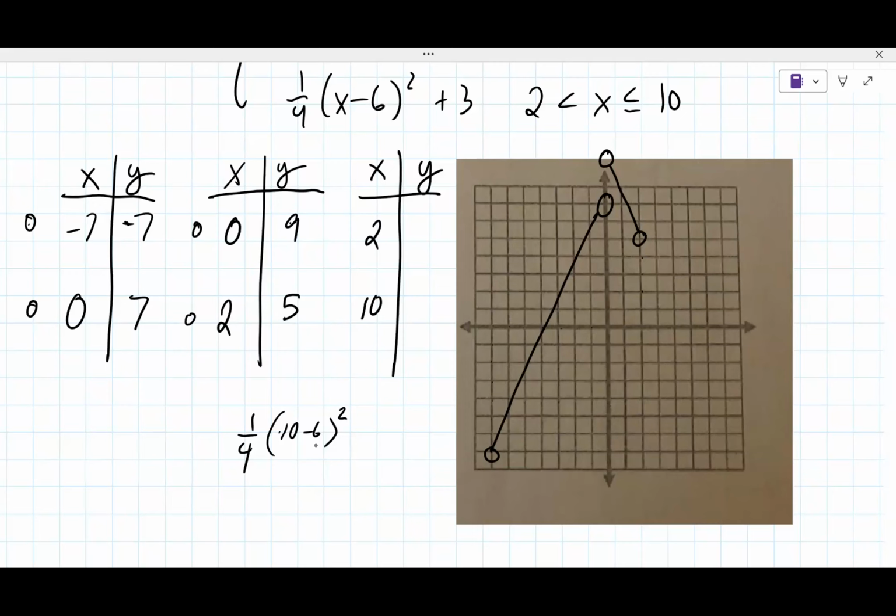1/4 of 16 is 4. And then you're going to add 3. 4 plus 3 is 7.